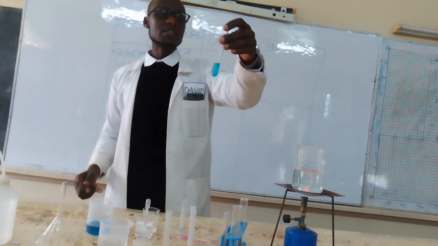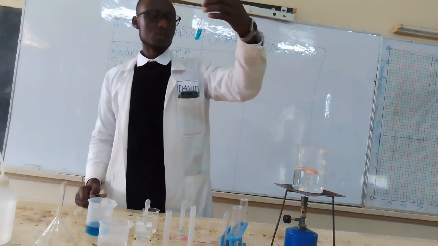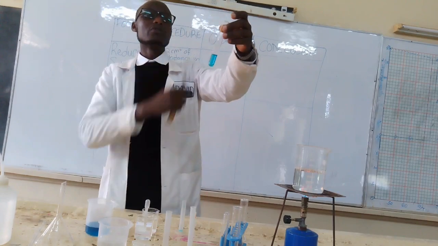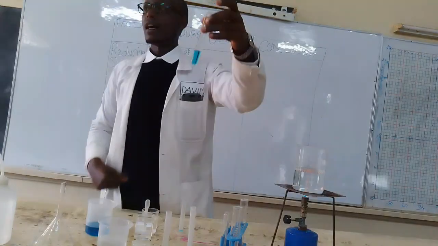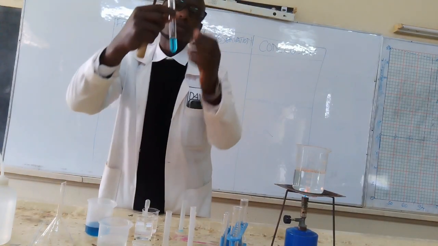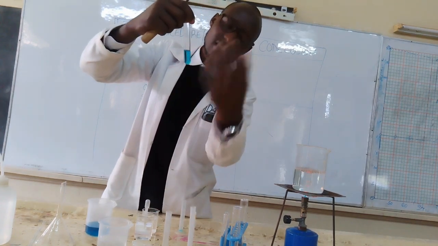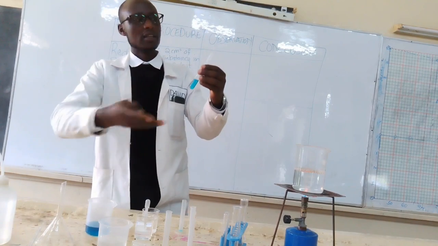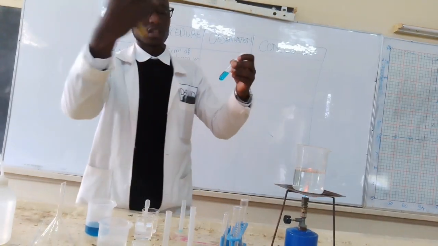So I'm going to heat my solution using a water bath. I'm not going to heat it directly, to avoid cracking of the test tubes. At the same time, it is going to allow us to see gradual changes of colors, from maybe green to yellow, maybe to orange finally.